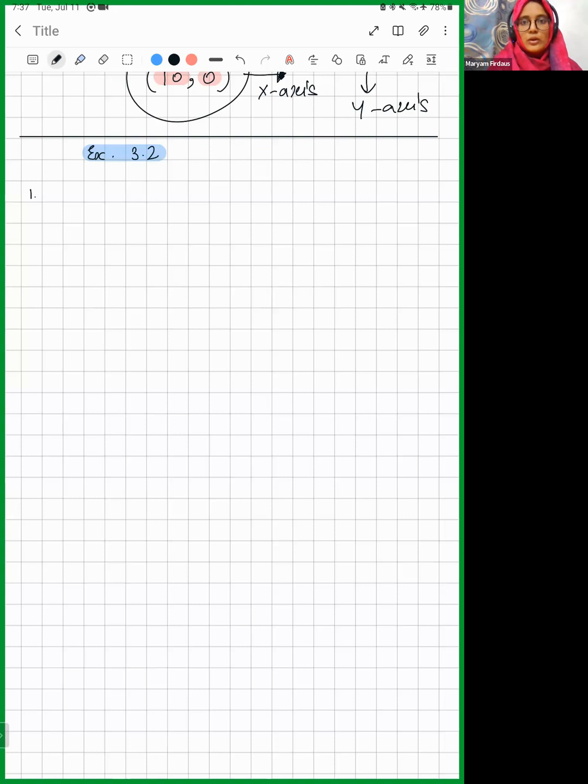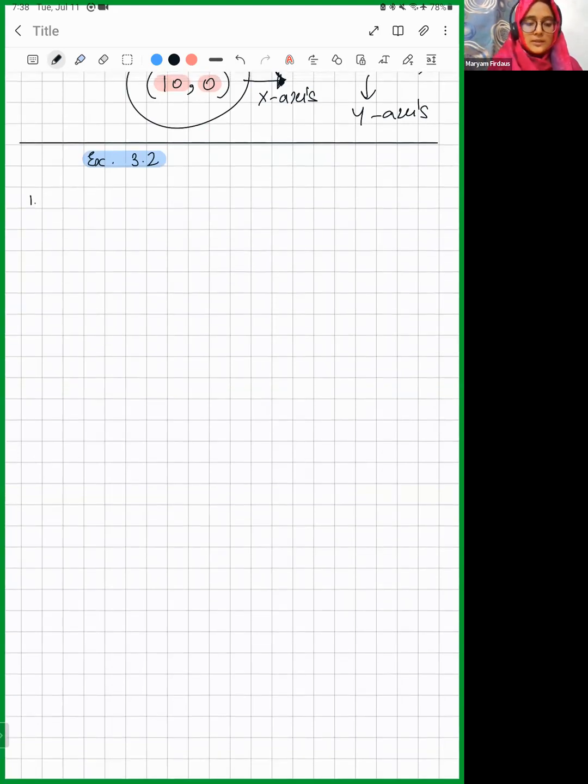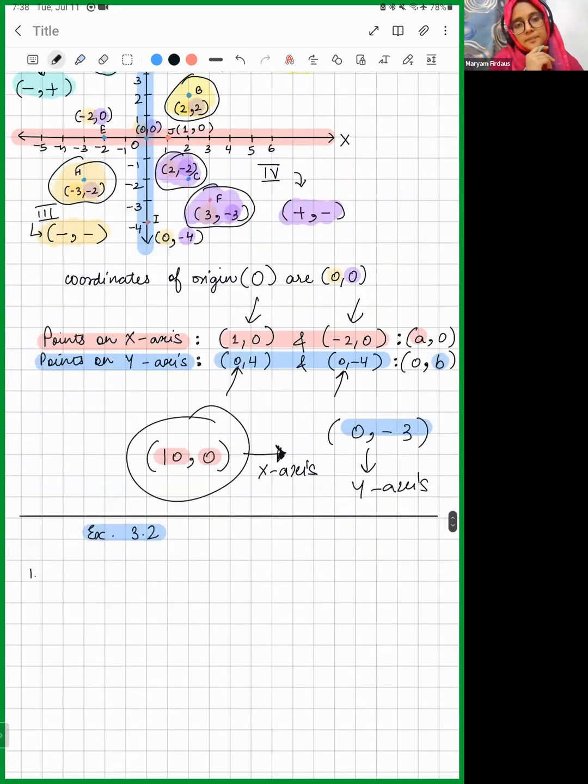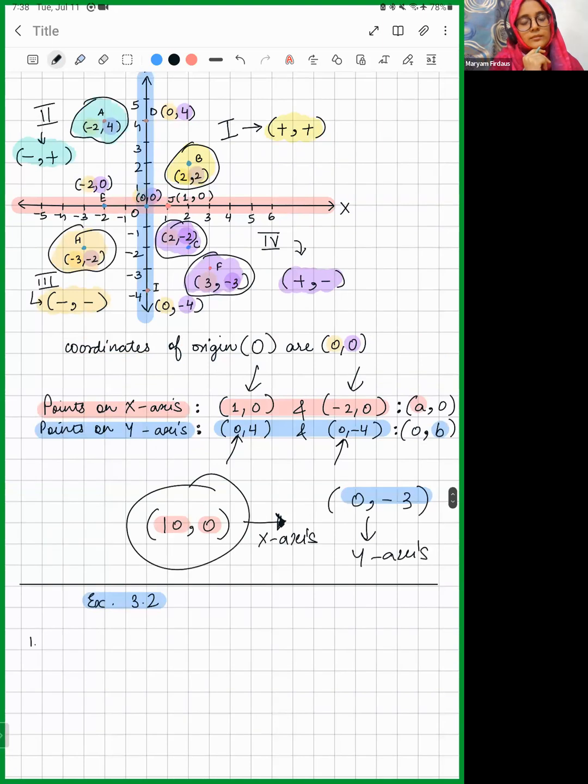What is the name of the horizontal and the vertical lines drawn to determine the position of any point in the Cartesian plane? What are they called? Those two perpendicular lines, one horizontal, one vertical. What are they called, students?